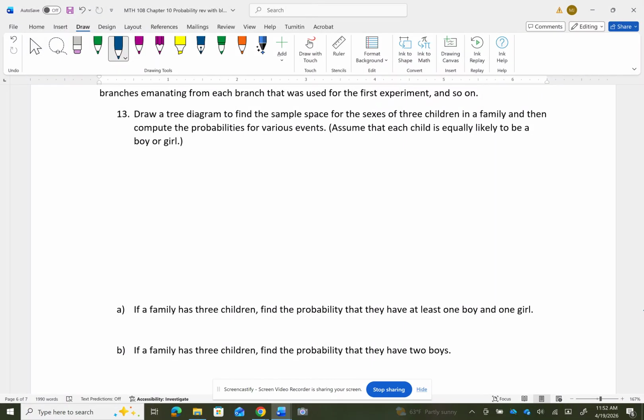So we're thinking that the first child could have been a boy or a girl. Now we're going to have branches emanating from each of those with boy or girl.